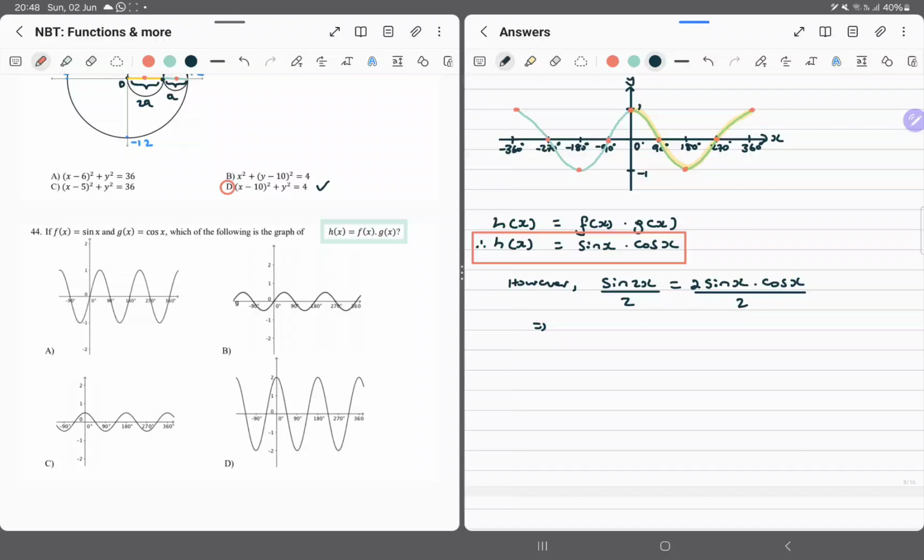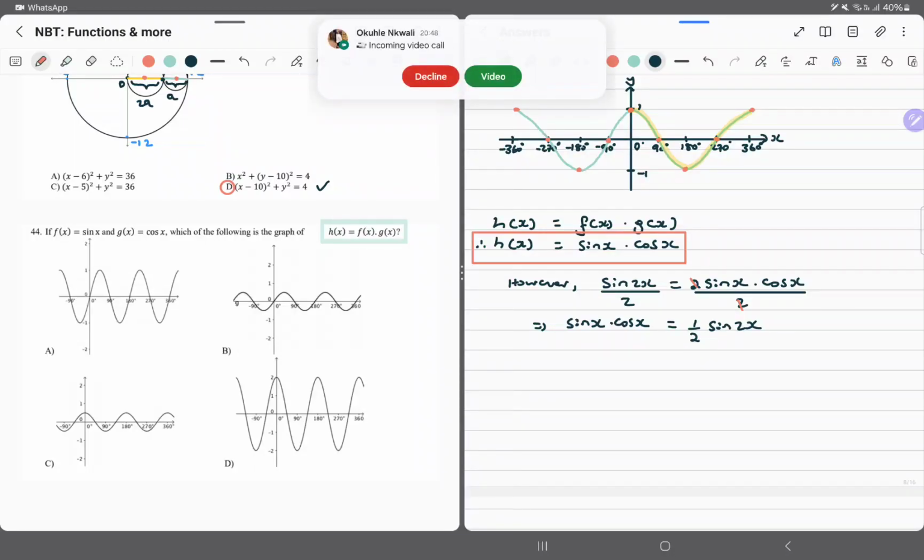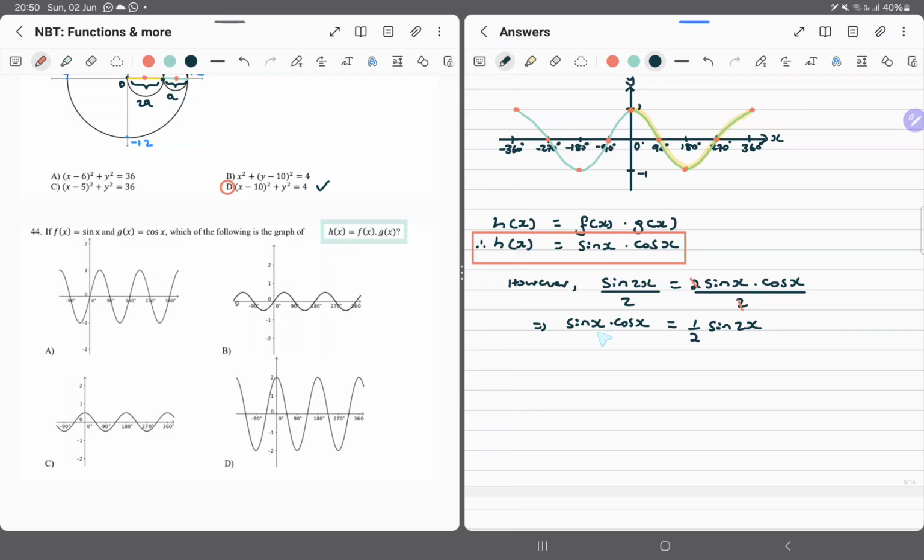So this implies, as a result, that essentially sine x cos x is just a half of sine 2x. Now, just a moment. Okay, so in actual fact, guys, we can safely say h of x is therefore equal to the half sine 2x. This is what we can come to.